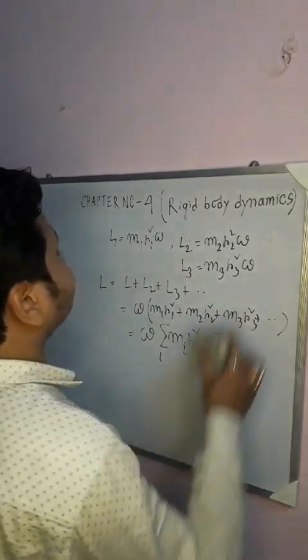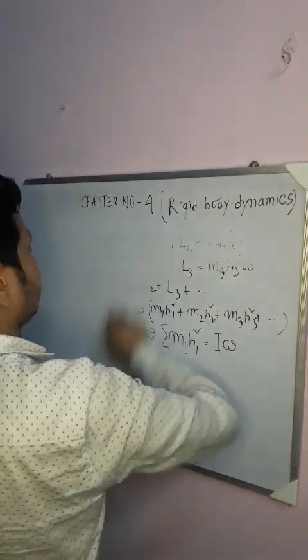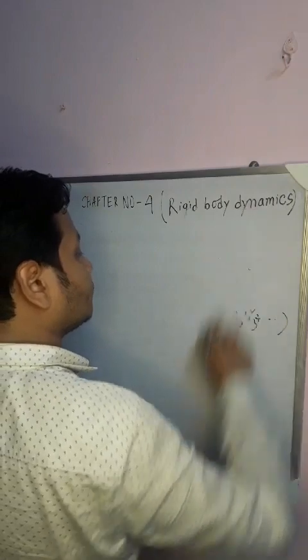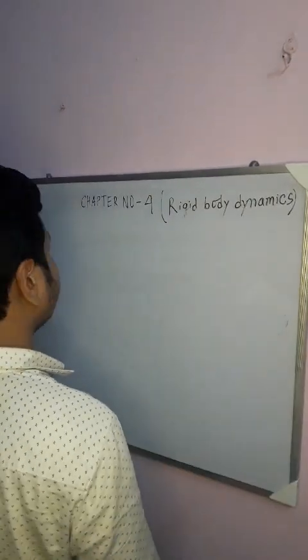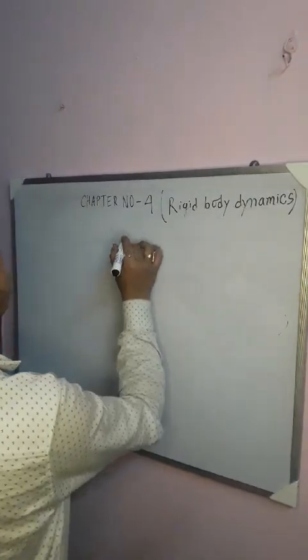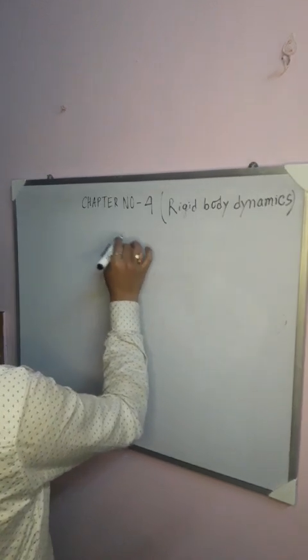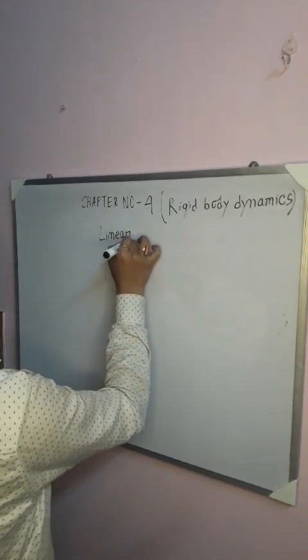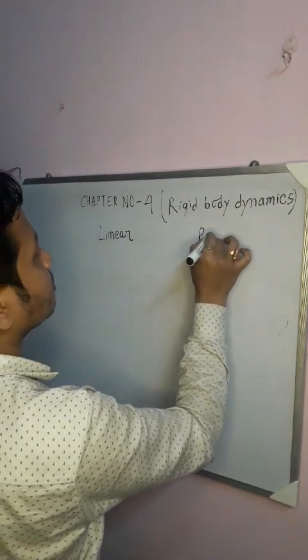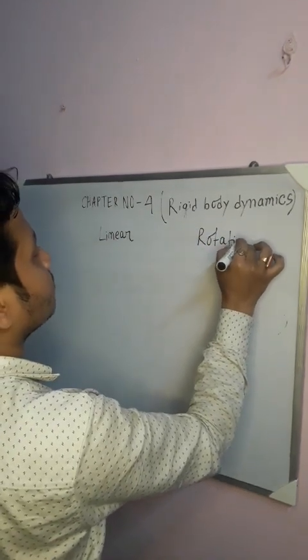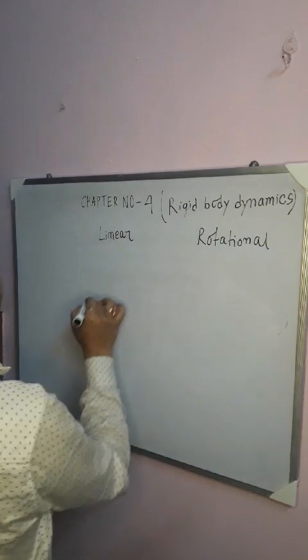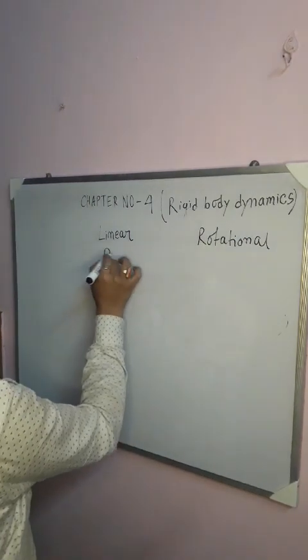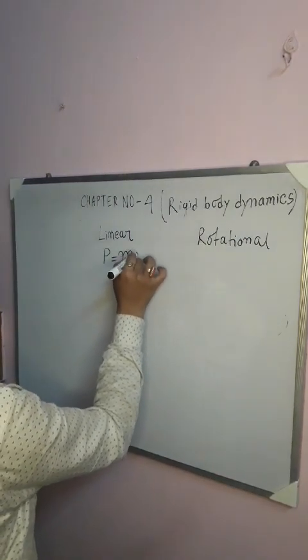Now, what we have found till now: this is linear and this is rotational. First, you see that in linear motion we can write linear momentum equals mass into velocity.